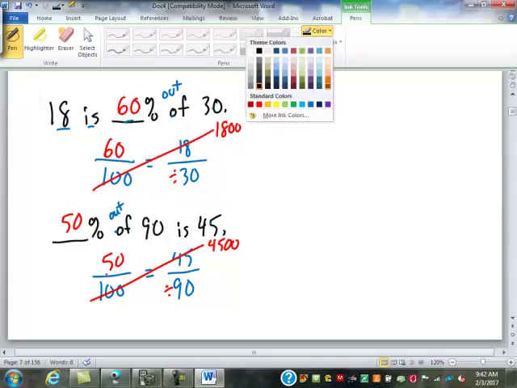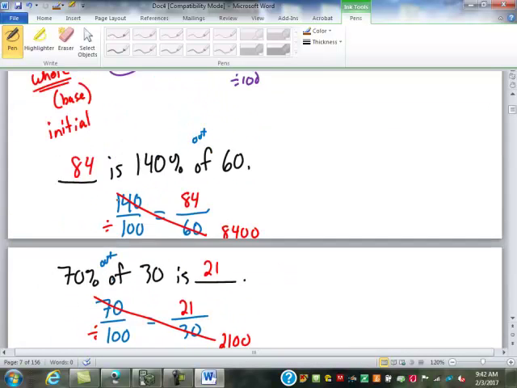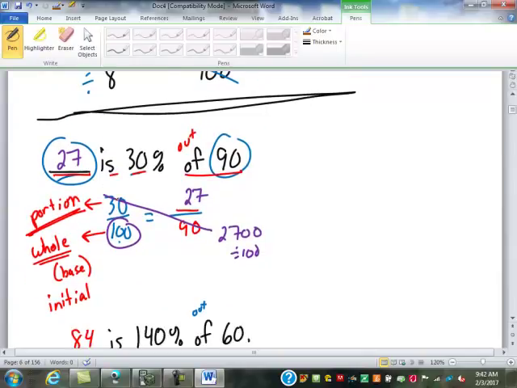Now, I like using this proportion because sometimes we're cross-multiplying one way, sometimes another, but it's always cross-multiply and divide as our calculation. Some of you may have been taught the rate method of percents. It was the way I was taught.